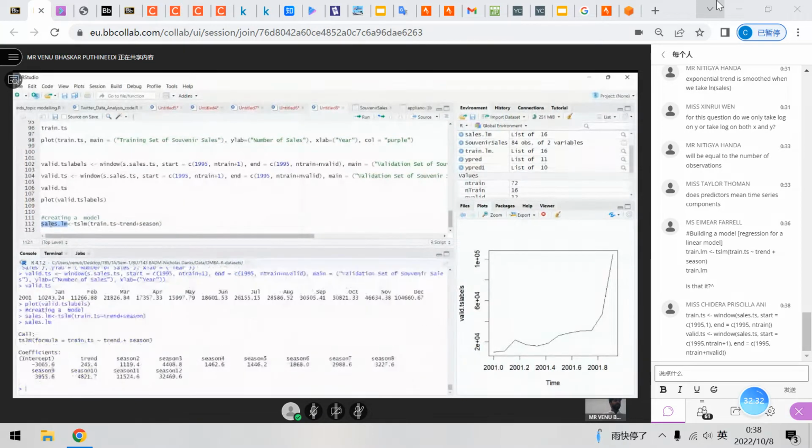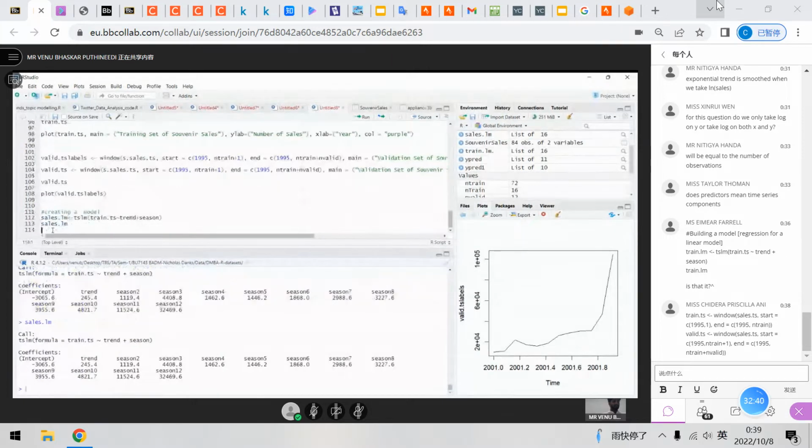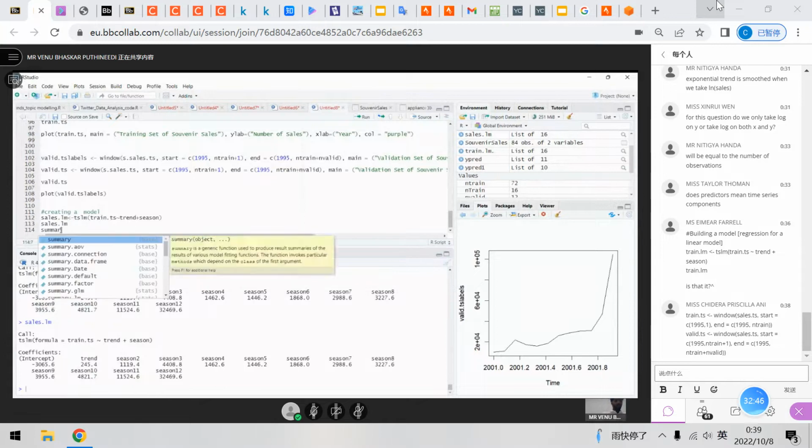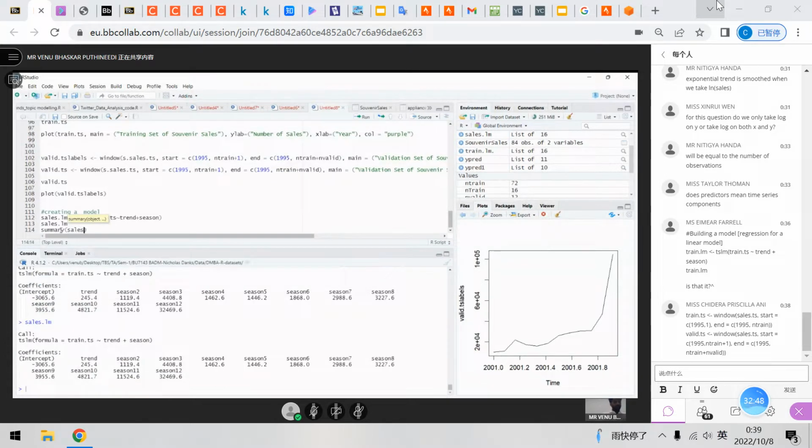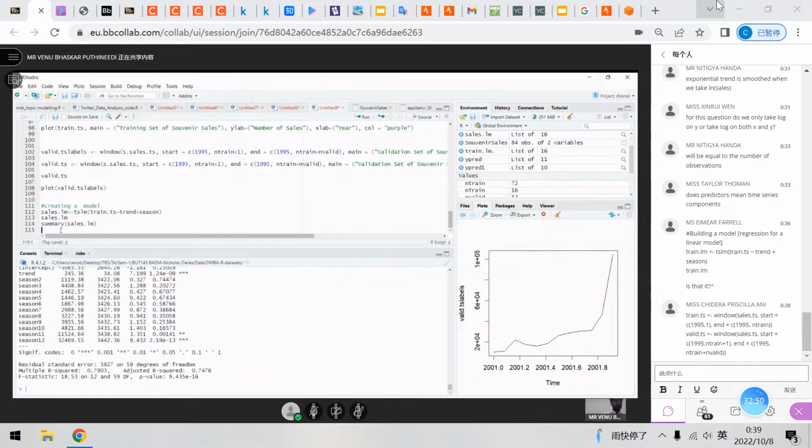And once we have the model, we explore the model, and another way to have a look at the model is summary of the model, summary of the sales.lm.